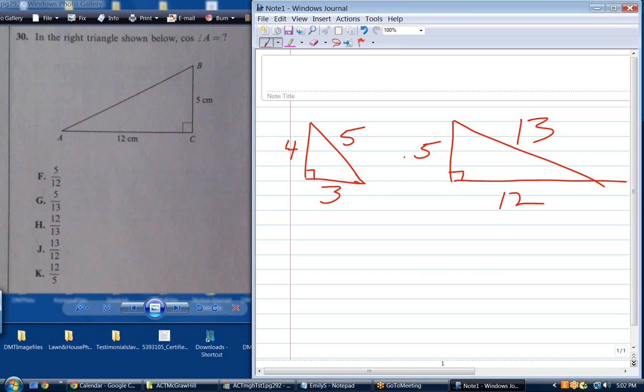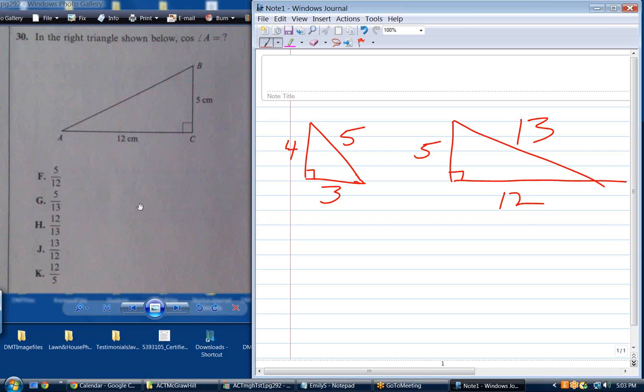And that is a 3, 4, 5 and a 5, 12, 13. In other words, if you recognize this as a 5, 12, 13, you'd have saved yourself 30 seconds on doing the math. Right?